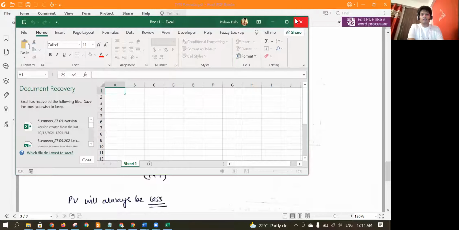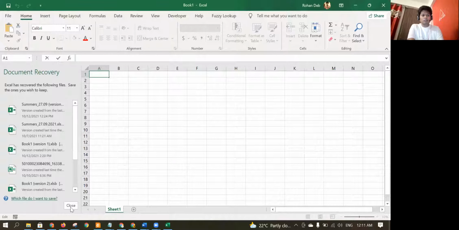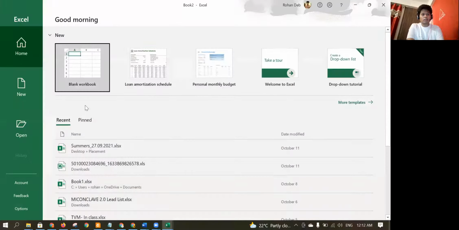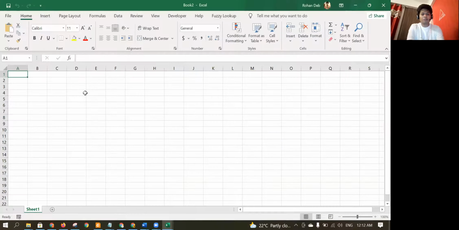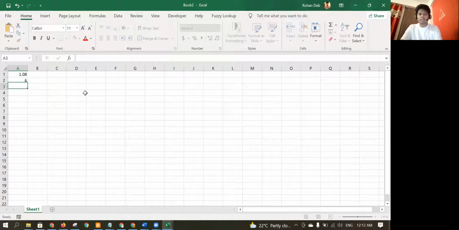Okay, so for Excel, what you can do is, for example, if it's 1.08 and you need to find it for 6 years, you type equals 1.08 to the power, and to get the power you hold shift and press 6.